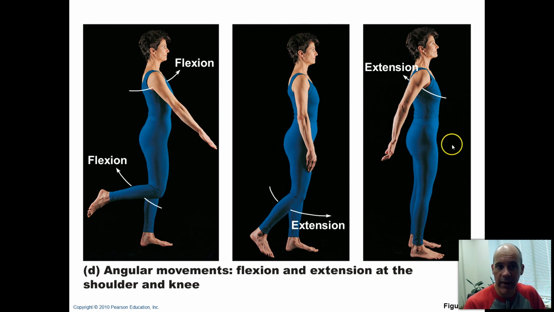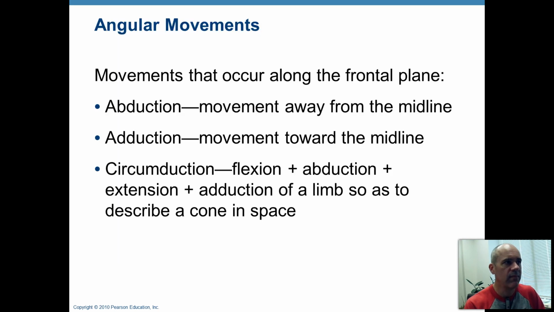Extension is going to be bringing the thigh back down toward anatomical position. And then what about hyperextension? If you took the thigh and you bend it backwards like this, that's going to be hyperextension at the hip joint. Okay, so that's flexion and extension and hyperextension.